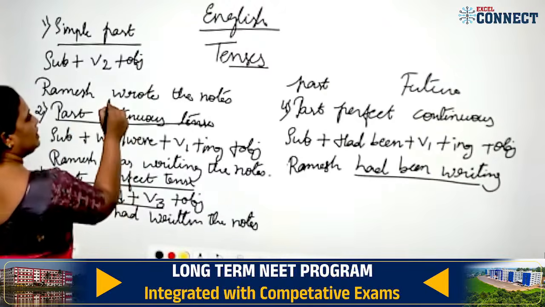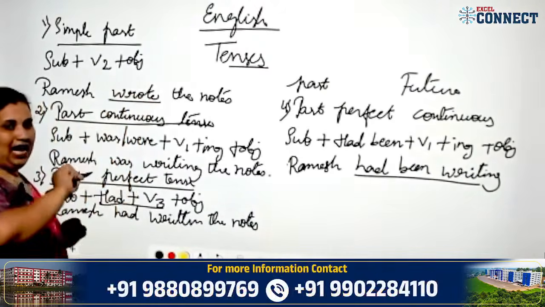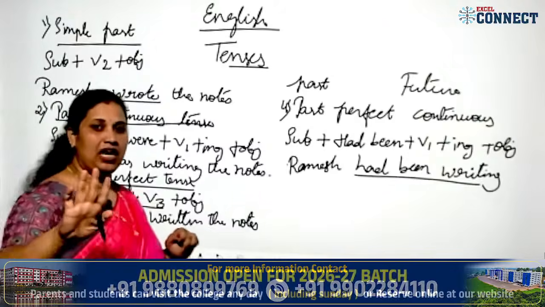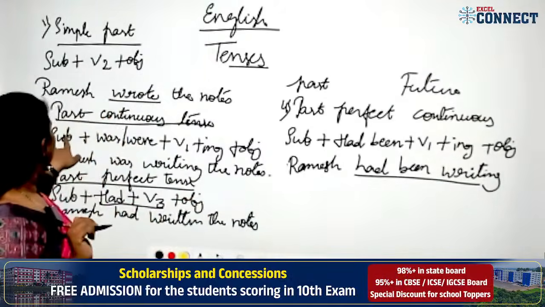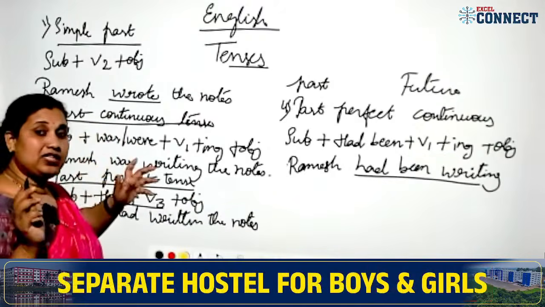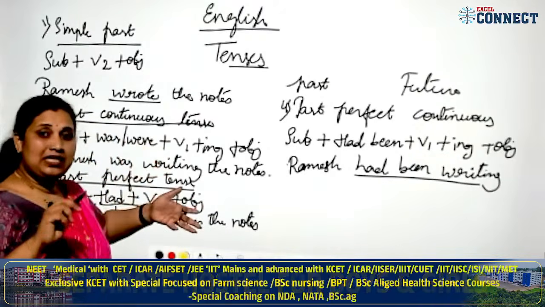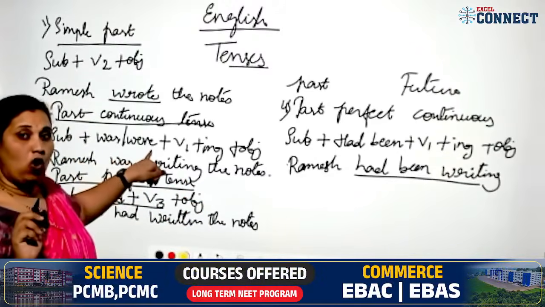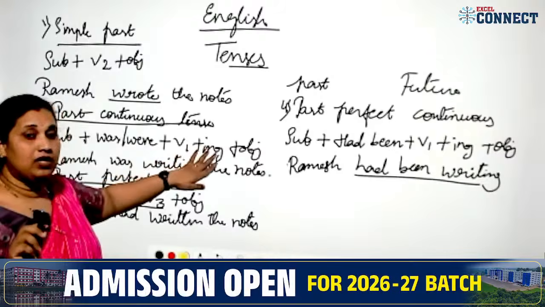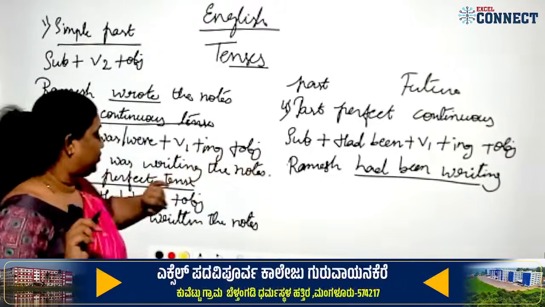Here you have to concentrate, this is the V2 form. As I said, a verb has three forms, that is V1, V2 and V3. And the next, past continuous, the action started in the past and there is a continuation in the action. Subject plus was or were plus V1 ing plus object.